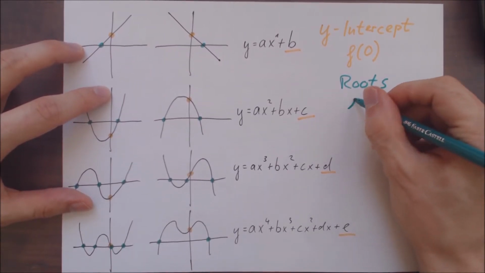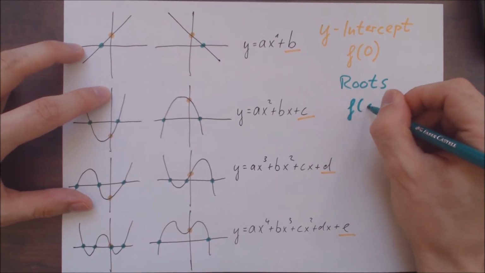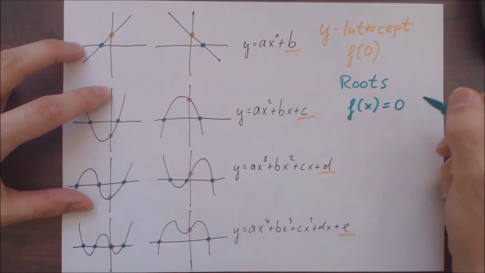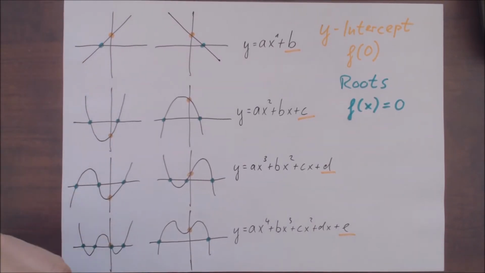We calculate roots by setting f of x equal to 0, and then whatever equation we have, we solve for x.